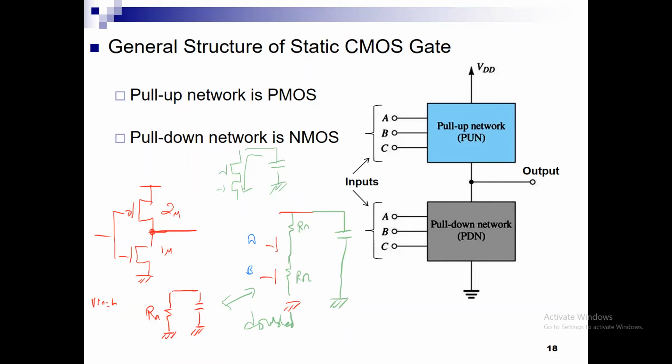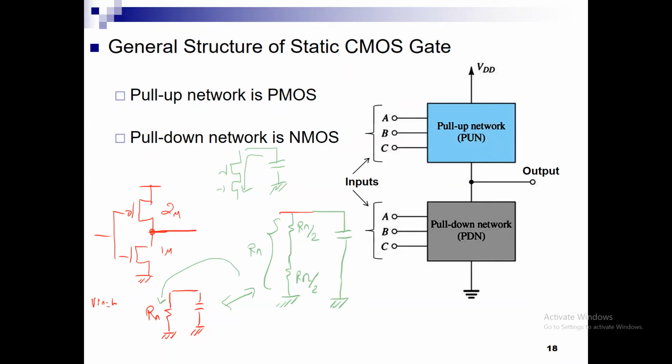So it will have double the delay, and if I have 4 NAND, it will have 4 times the delay, and this is a lot. So our objective here is to size those two transistors such that this is Rn over 2 and this is Rn over 2, so that the total resistance is equal to that of the inverter.